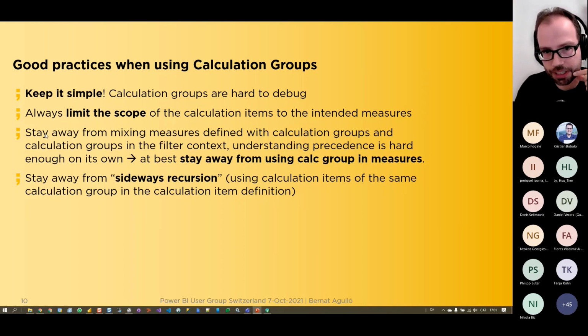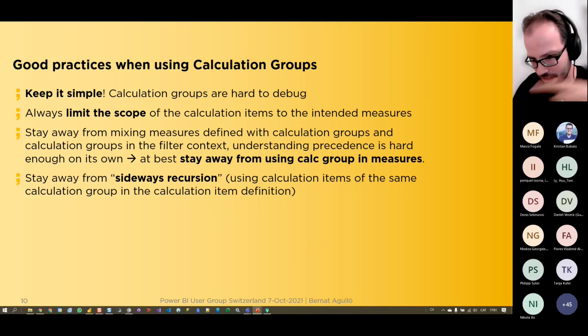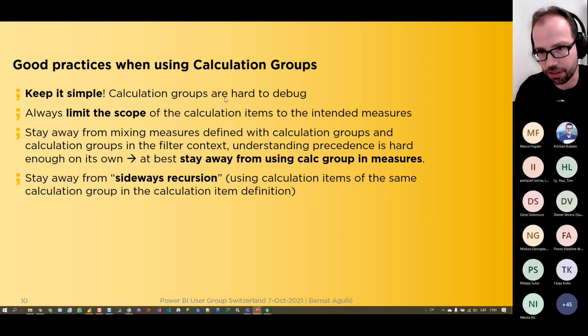And as I always said before, stay away from mixing measures defined with calculation groups and calculation groups in the filter context. What happens if your measure has one precedence, but you're adding another one with a higher or lower precedence? It's very difficult to understand what's going to happen, so stay away from doing that.